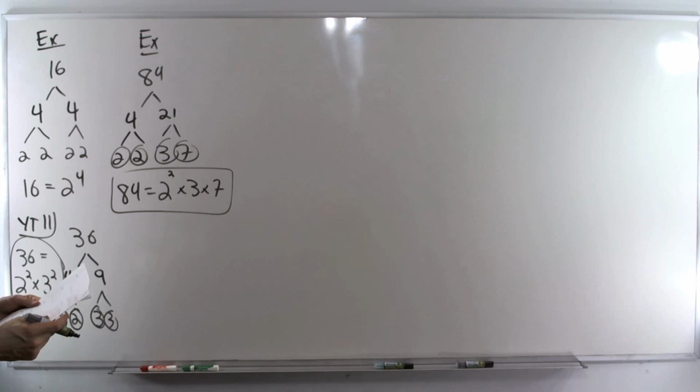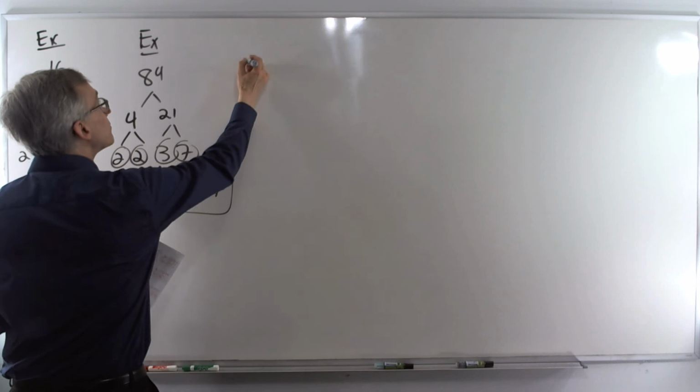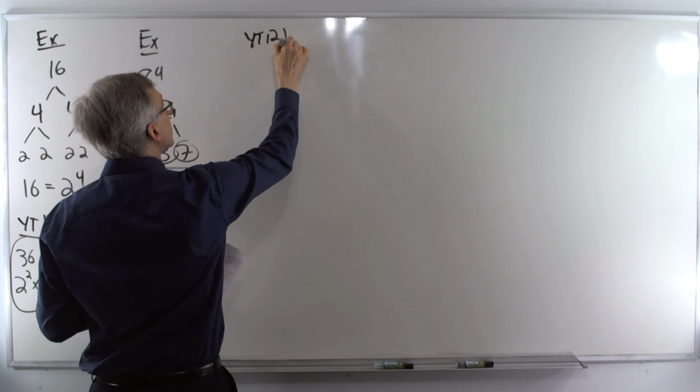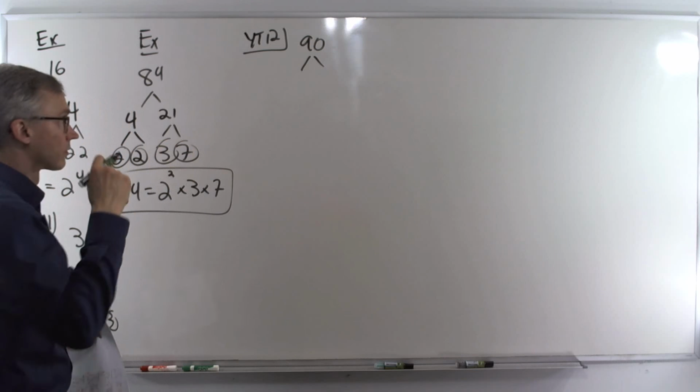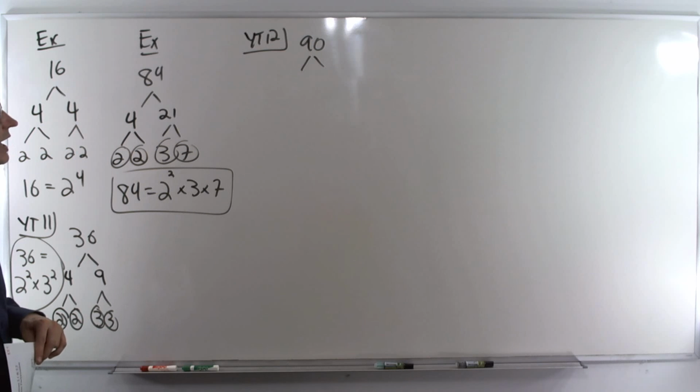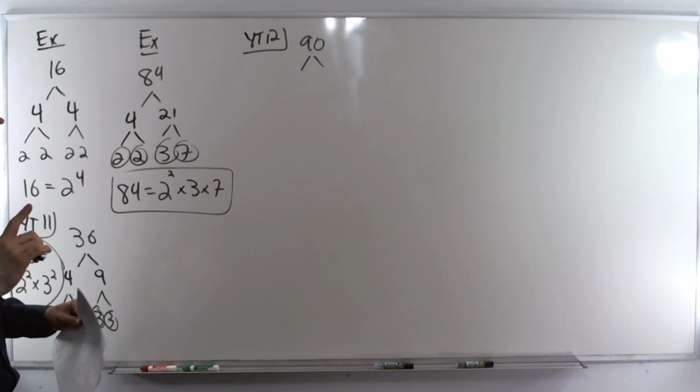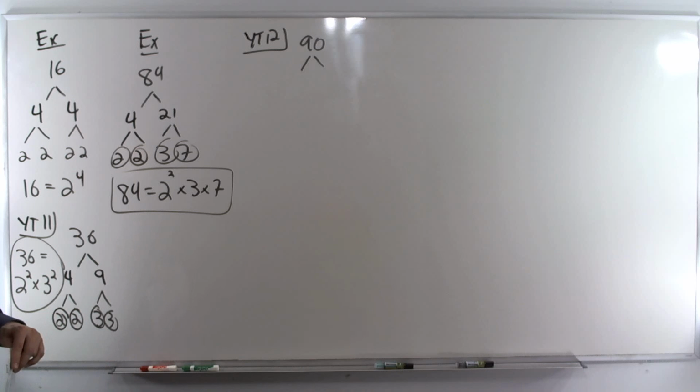Your turn, number 12, 90. So 90 ends in 0, so it's divisible by both 2 and 5. And if you add the digits, it's 9, so it's divisible by 3 as well. So you can pretty much divide by anything.